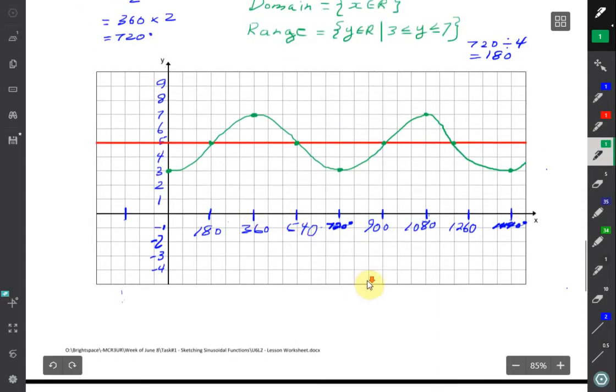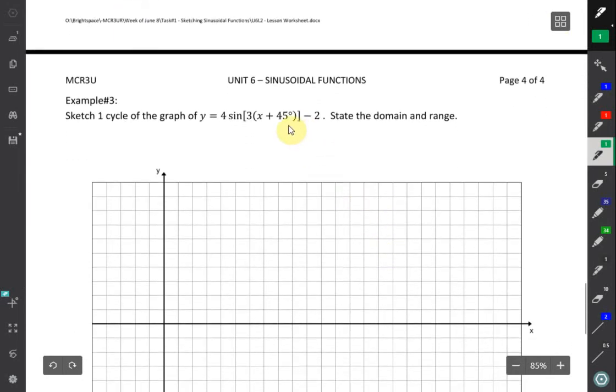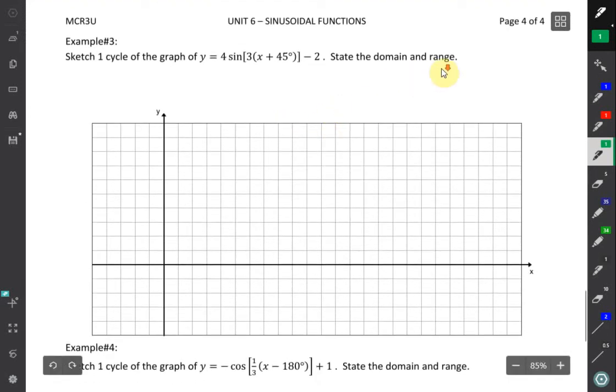The next graph that we're going to do has a horizontal phase shift in it. And so this will be the next item that we need to work with. We're going to go through all the same steps again, only this time we're going to graph this graph with everything except the 45.